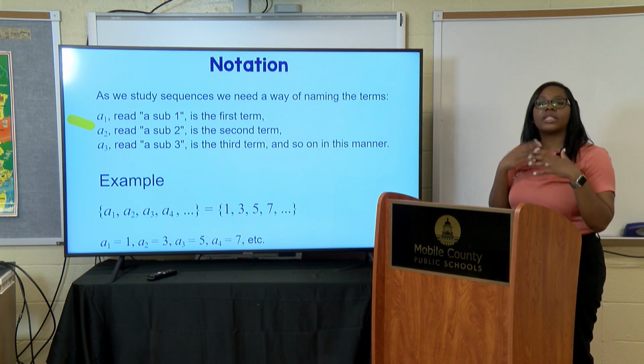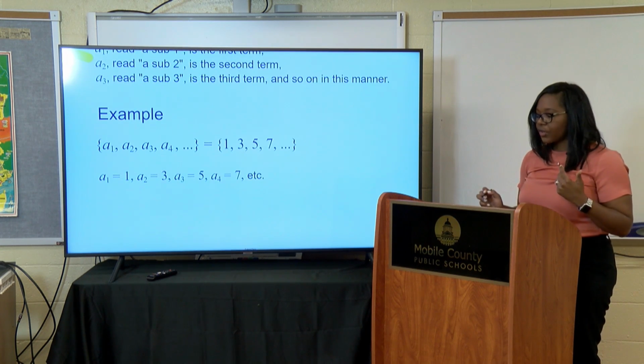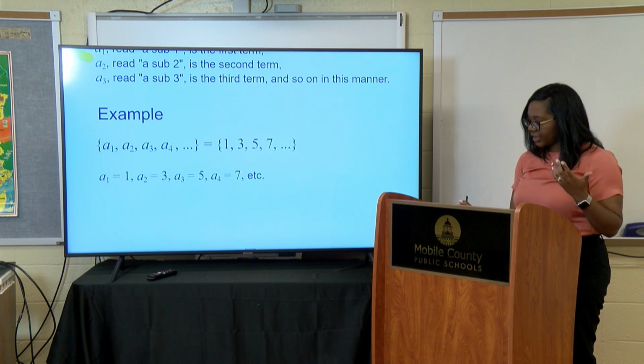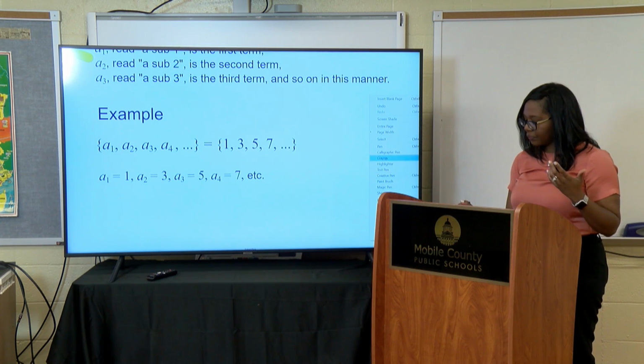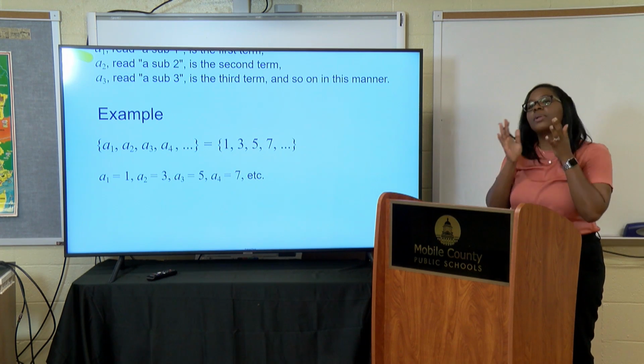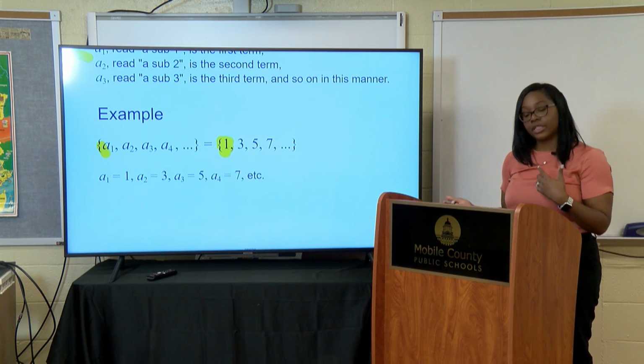And it goes on depending on how many terms are being represented. So for example, we have a sub 1, a sub 2, a sub 3, a sub 4. Remember that this is literally just telling us the place value of that number. So a sub 1 is telling me that the first term is 1.